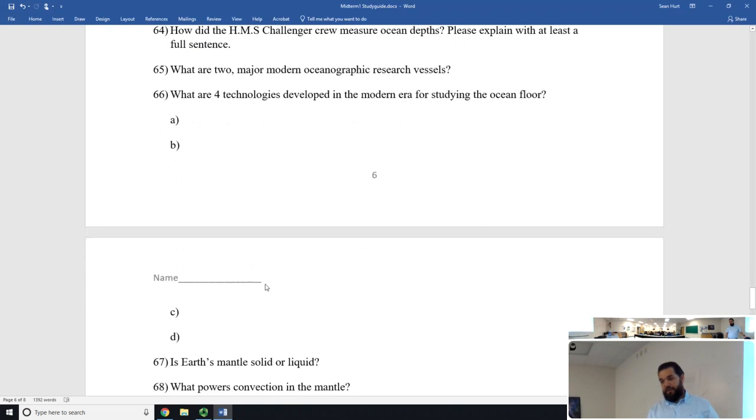You should know a little bit about modern oceanographic research vessels. I talked about 2 in this class. I talked about the Japanese Chikyu, and also the American Okeanos Explorer.